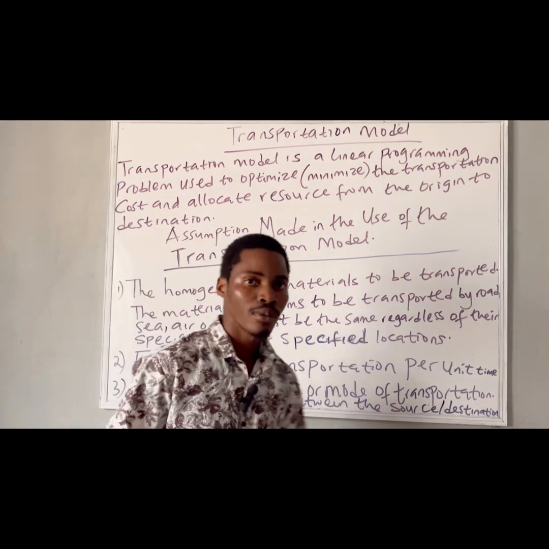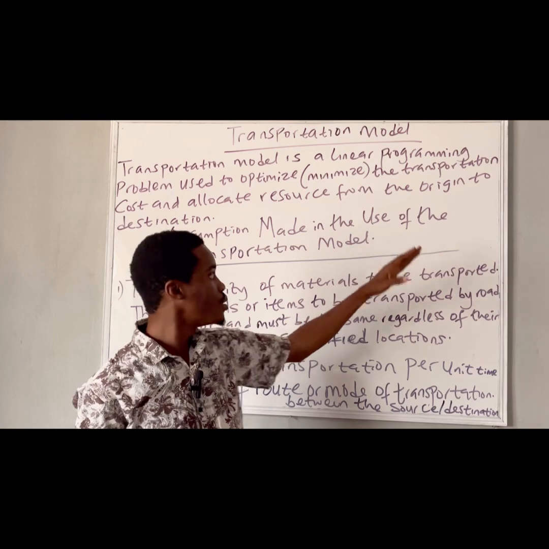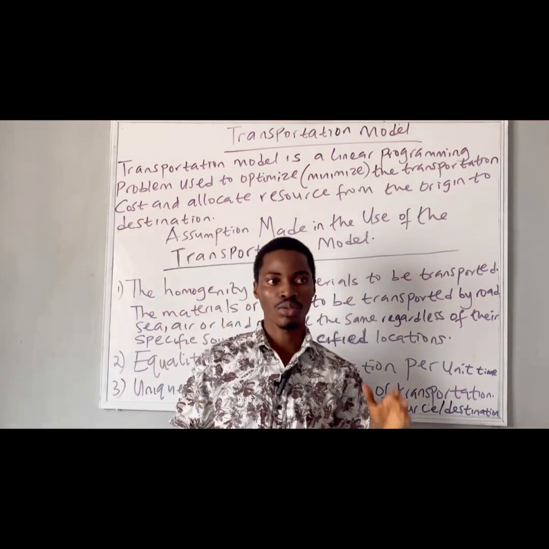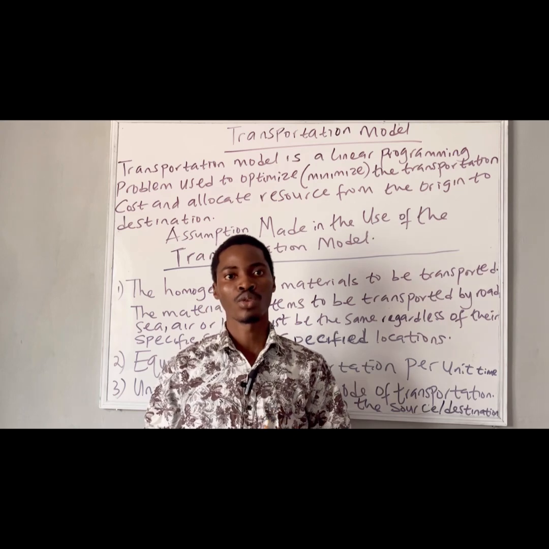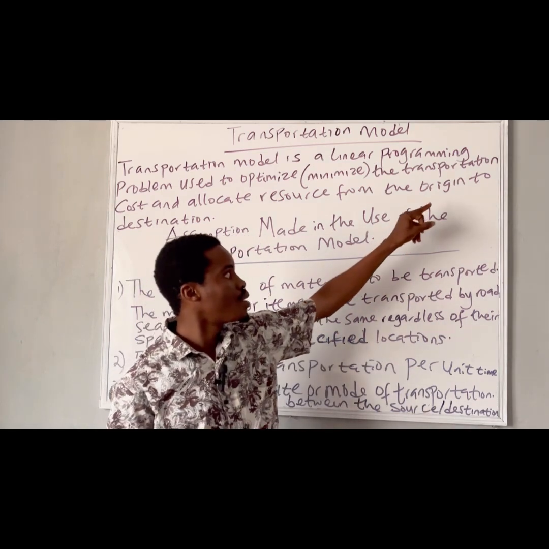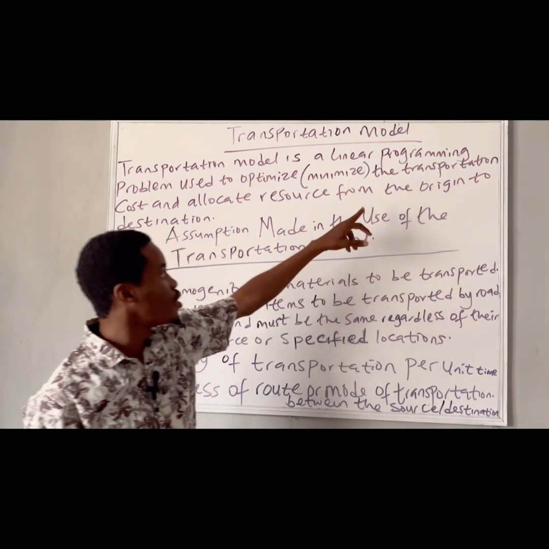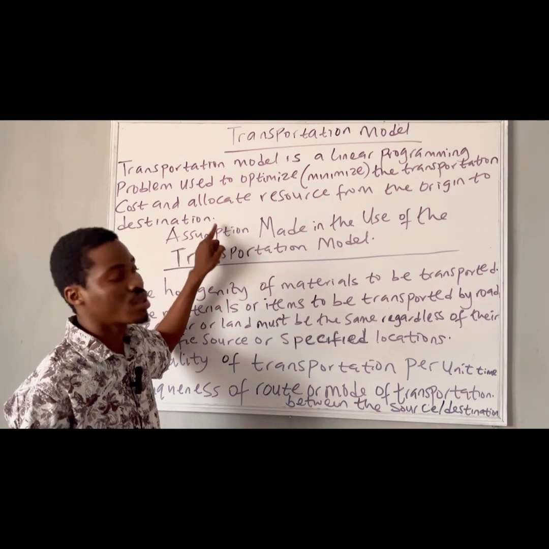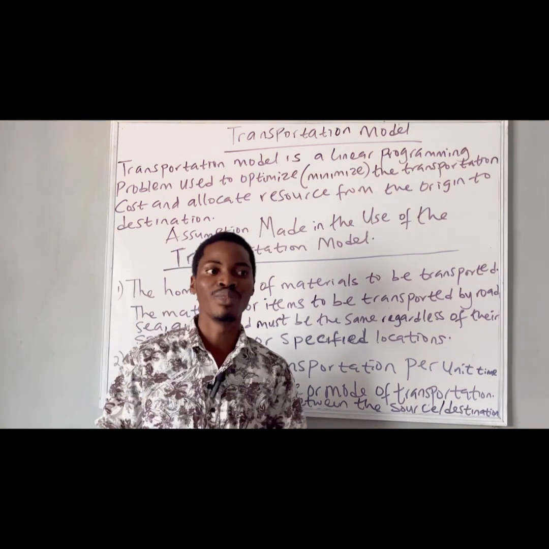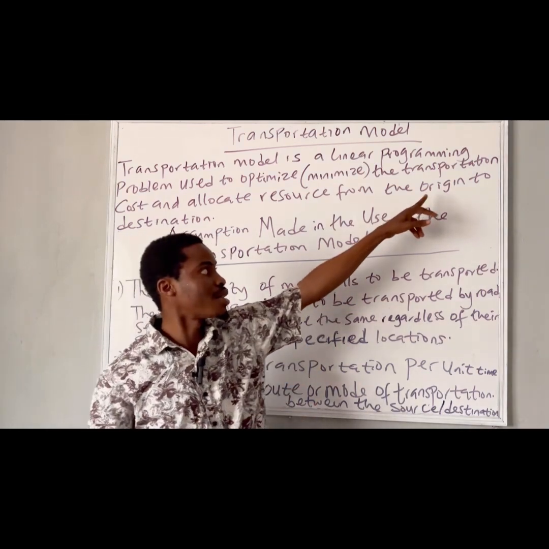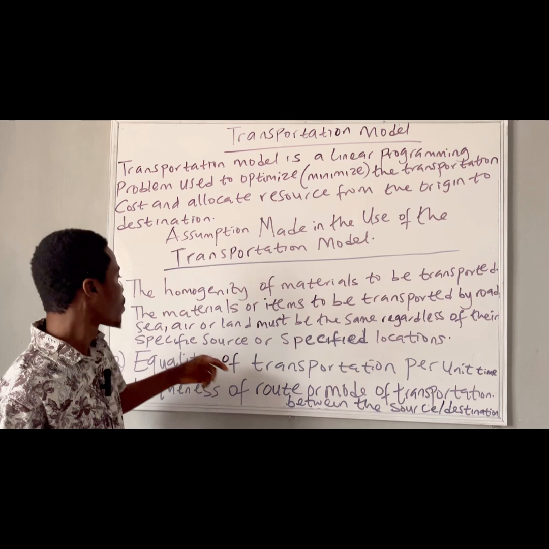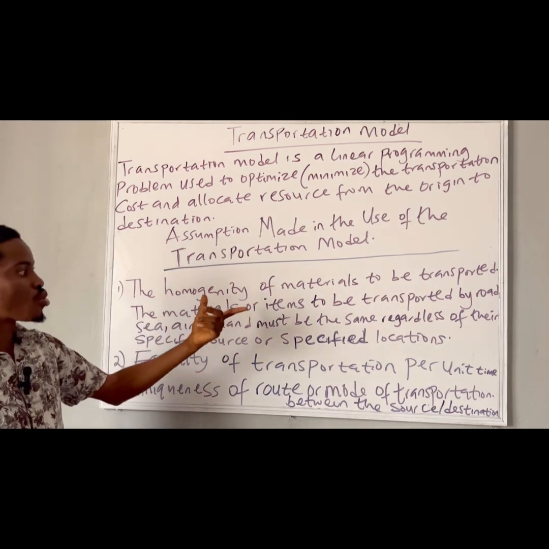From origin to destination, they must be the same thing they are supplying to each other, because if the origin can supply what the destination is requesting, then they can have the minimum of the goods they are demanding for. The supply is what gives the demand. That's why we have the homogeneity of material to transport.